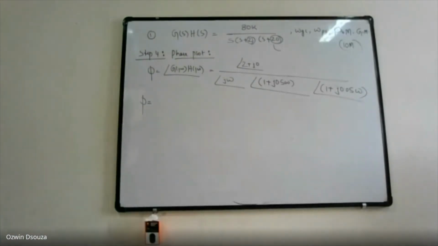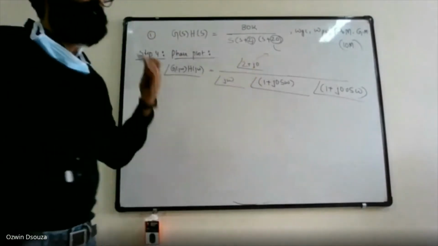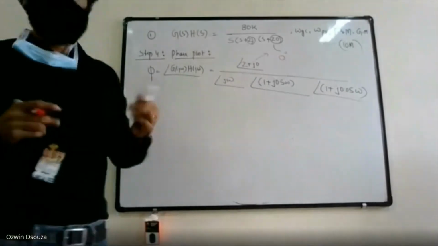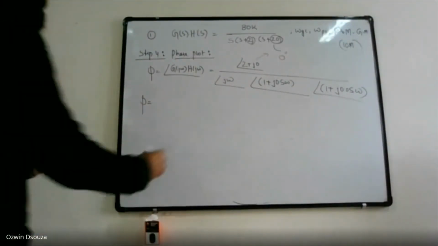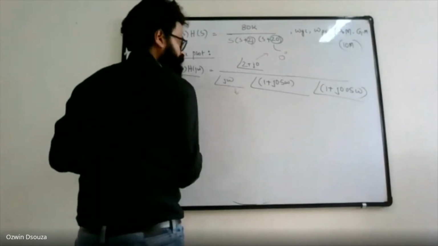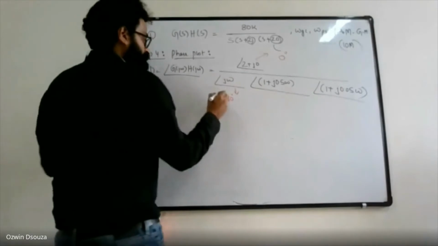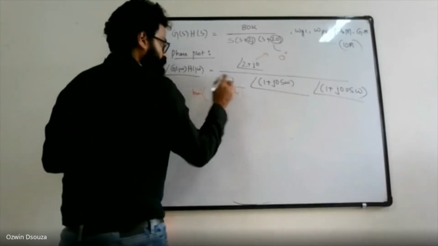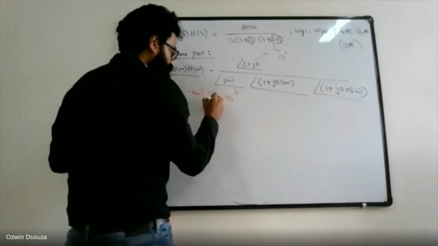Let me use a different color pen. So what is the angle of this? 0 by 2. So that's 0 degree, right? So the angle contribution given by factor K is 0 degree. We have already seen, right? And what about this? This gives 90 degree, right? Why 90 degree? Because tan inverse of the imaginary part is omega, and there is no real part.